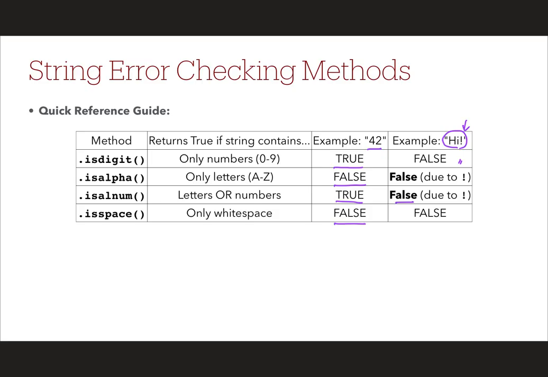The isspace function will also return false because it does not consist of spaces or tab keys. Anyway, you can use one of these functions, and please note that each function starts with this dot.